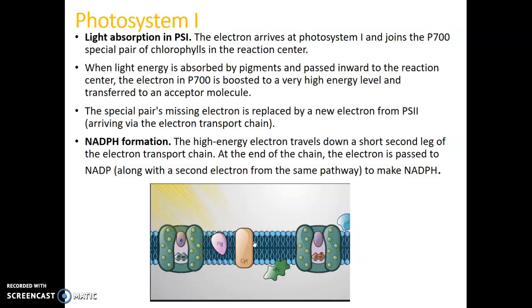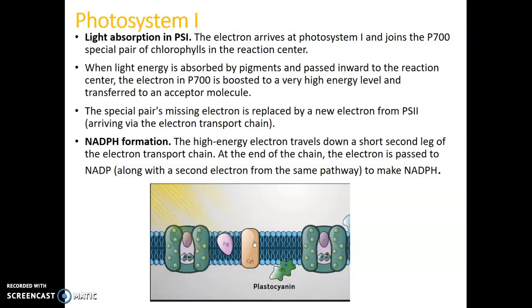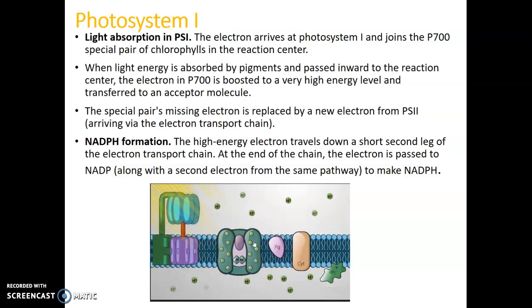The electrons that were used are then replaced by electrons from photosystem 2. And so they're just naming the different proteins that it's passed through in photosystem 2.